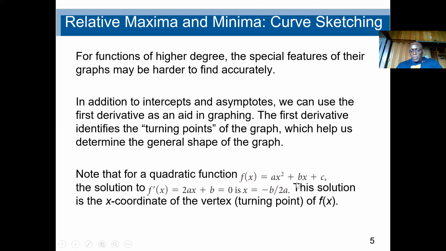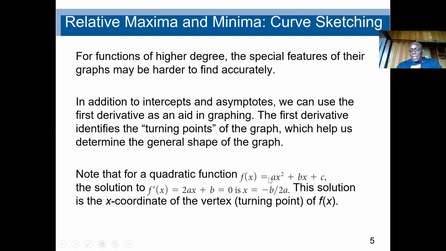If we remember quadratic equations from pre-calculus, if I have f at x equal to ax squared plus bx plus c, this is a parabola, quadratic. We can find the turning point on this. Again, we can say whether the parabola will open upward or downward depends on the a value here.